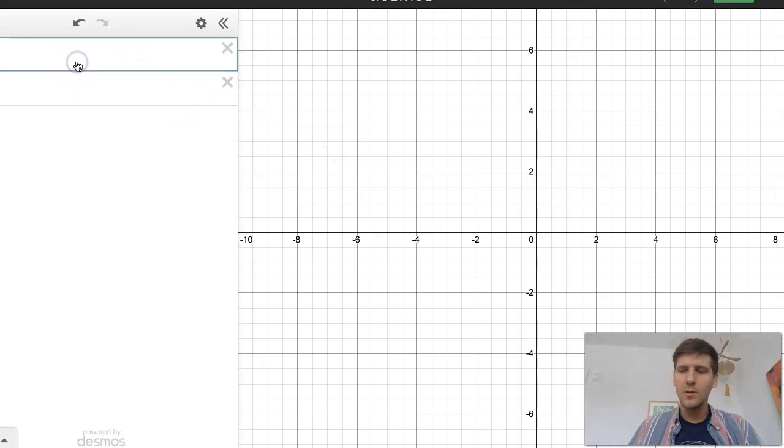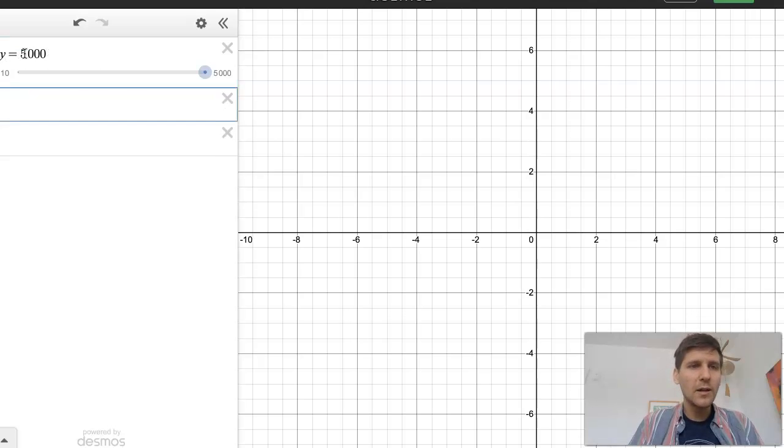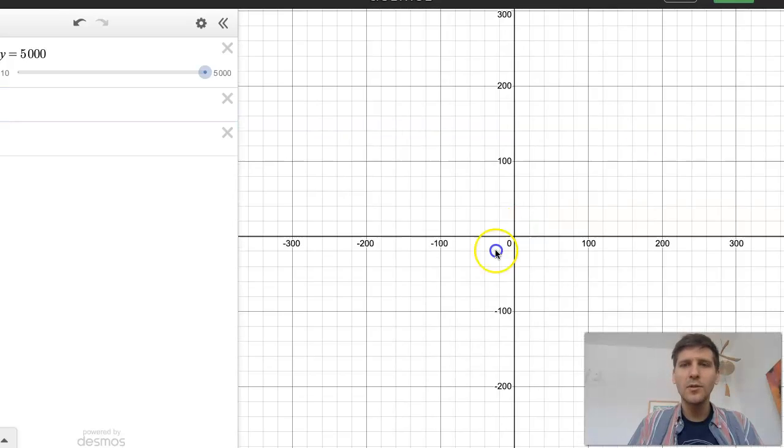So we have our one, we want to find out when it's 5,000, so we could even say, my cursor's not showing up on my thing, so I guess I just have to say y equals 5,000, okay. We're definitely going to need to zoom out on this one.